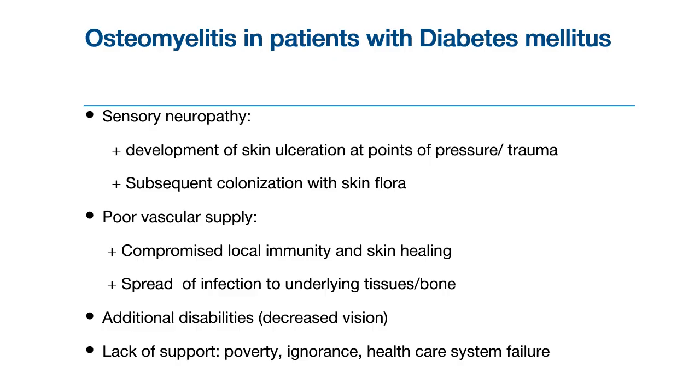Following this ulceration, there is colonization with skin flora or pathogenic flora. Second problem in diabetes is poor vascular supply, especially in the lower extremity. So, if you have poor vascular supply, there will be compromise for the local immunity and skin healing, and it will be easier for the infection to spread to underlying tissues or bone.